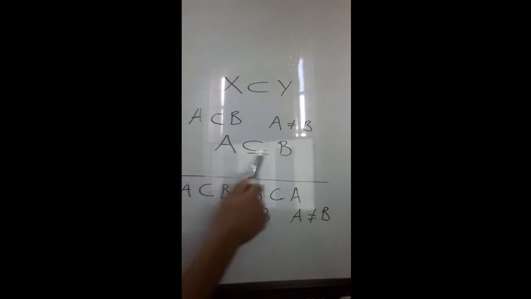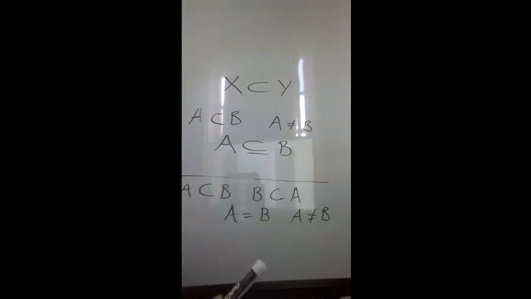But once you see it written like this, you are sure that A and B are not the same. Everything in A is in B though, but A and B are not the same. That's the whole point of proper subset. Clear on that?